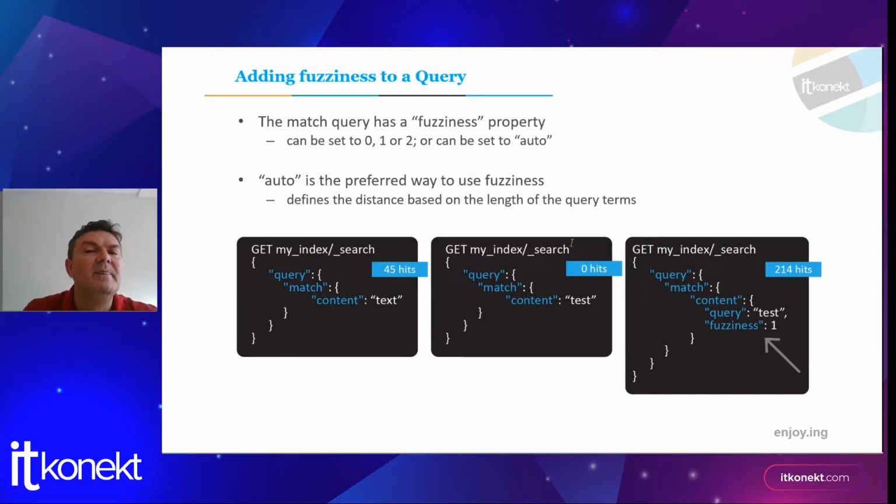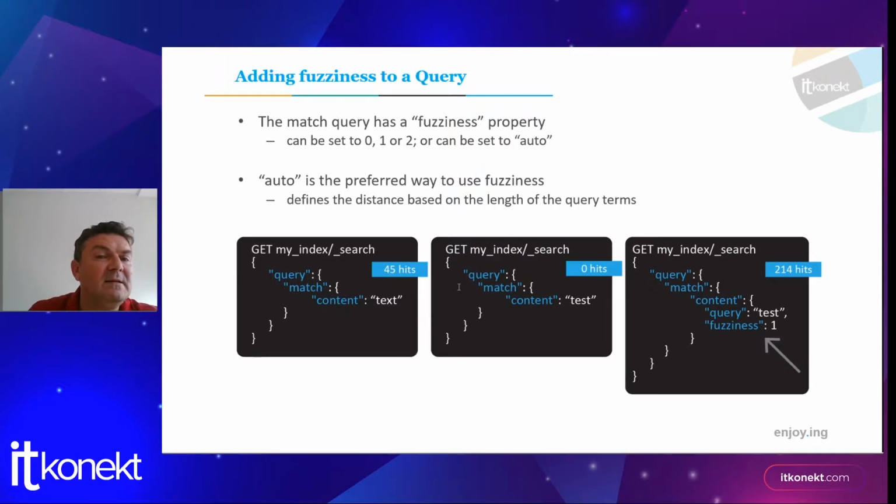In our example, we have a case where in the match query, one character in the search term is changed from text to test. We see that there are no documents as a result of the search. But in that query with the wrong term, we can add fuzziness level equals 1 and get a lot of hits.